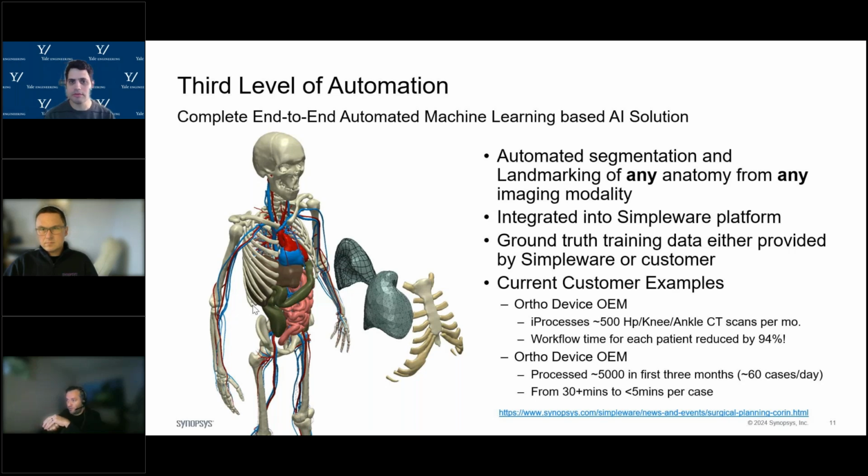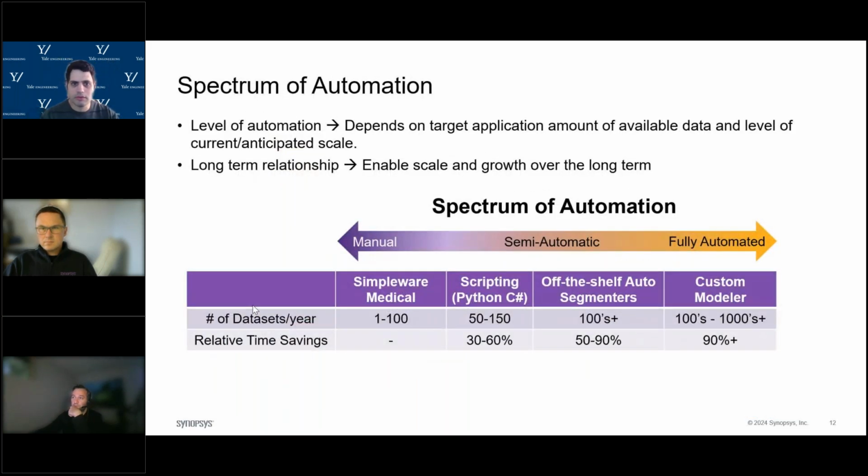We've done it for orthopedic and cardiovascular OEMs and medical device companies, and we were just starting to get into some academic groups wanting to do this. Typically the customer provides the ground truth, and we can quickly and efficiently train and deploy some of these tools. This leads to this spectrum of automation that we talk about. The level of automation we can provide for the customer depends on your application. And these are long-term relationships.